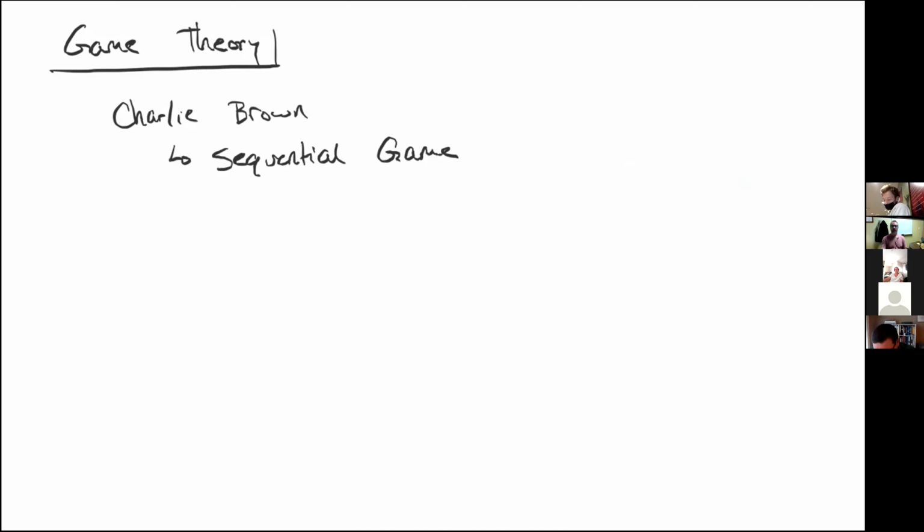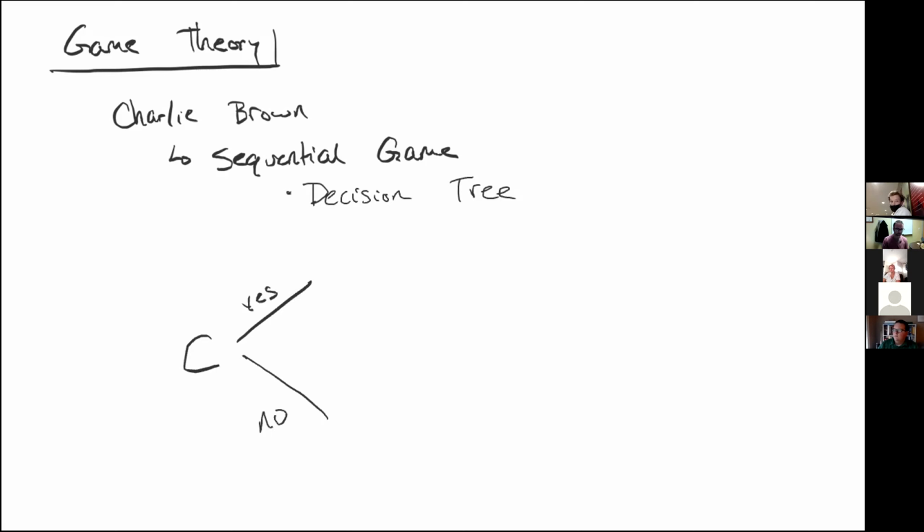So the way we model this is with what we call a decision tree. We could say we've got Charlie Brown, and Lucy has made the offer, like, hey, do you want to come kick the ball? Charlie Brown can say yes, or he can say no. If he says no, the game ends and nothing happens.